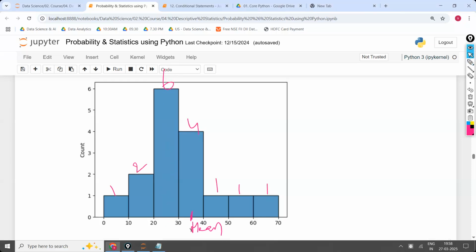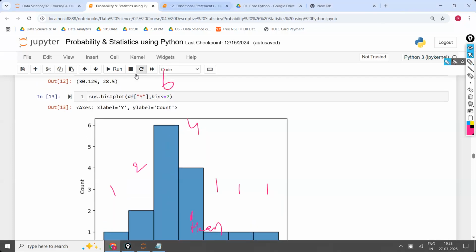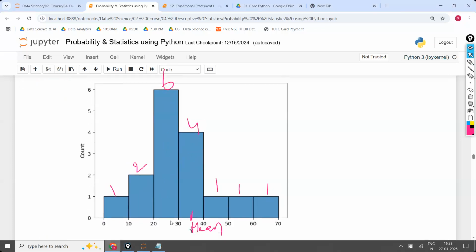So see completely clearly. What is your median value? 28.5. Which bar will 28.5 be located in? The 20 and 30 bar. So your median is located here. Is the median more or the mean more?